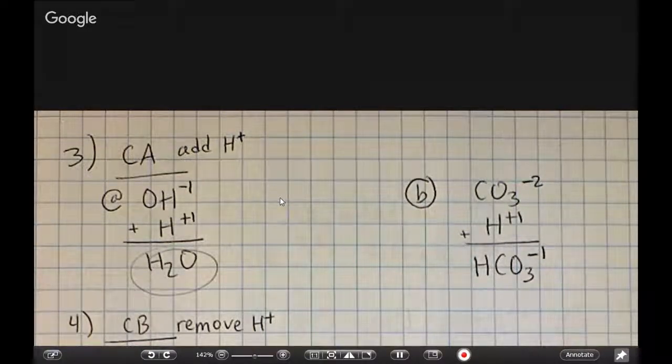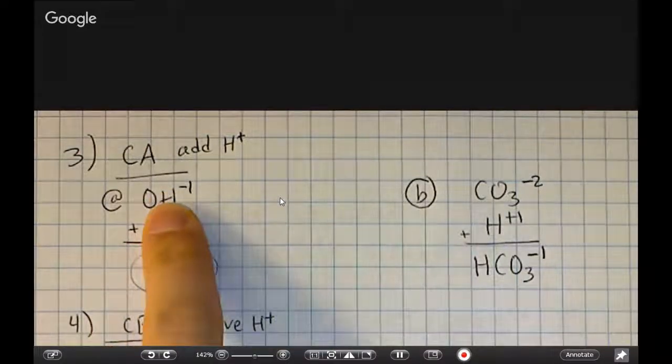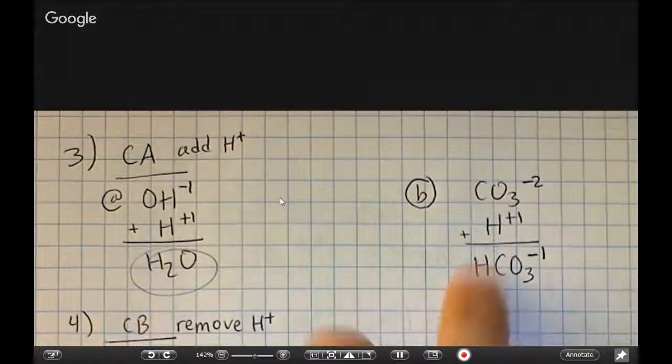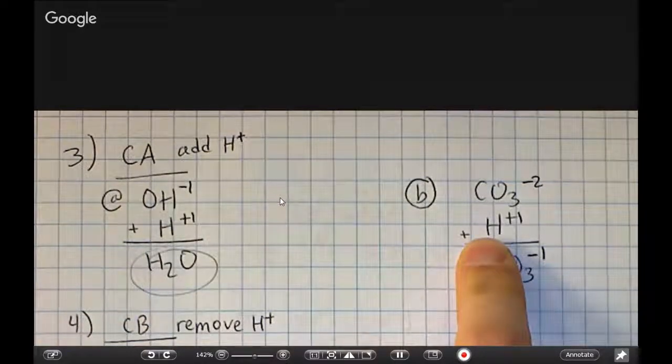So that's always add H plus. What's that, Katie? Always just add H plus. For conjugate acid, yeah, it's the base accepting a proton, so we add H plus. So then carbonate here, CO3 -2, and we add H plus.